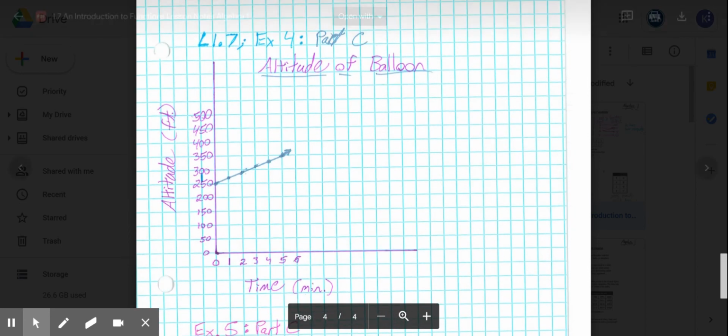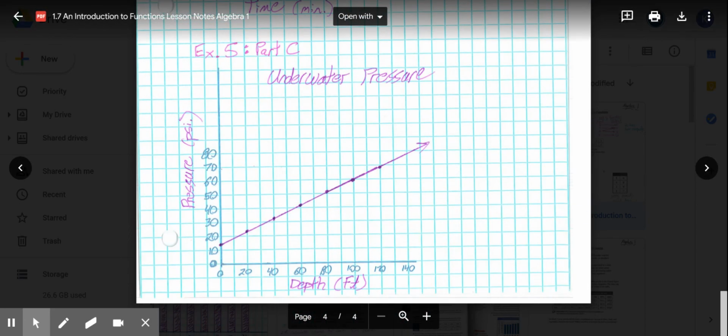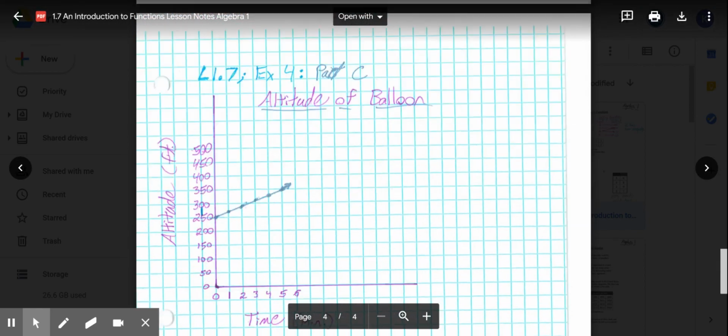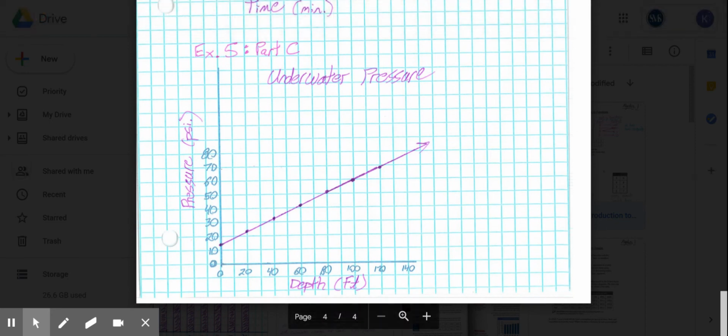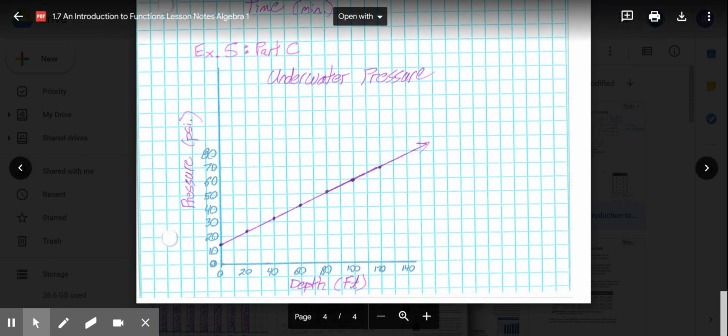Over 20, up 23.6. Over 40, up 32.5, and so on for each point. And then what you should get, if you graph them carefully, is a line in this case as well. So this output is also a linear function because we had a steady rate, which creates a line.